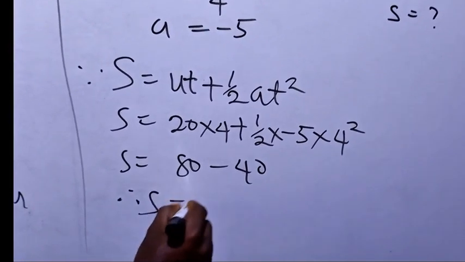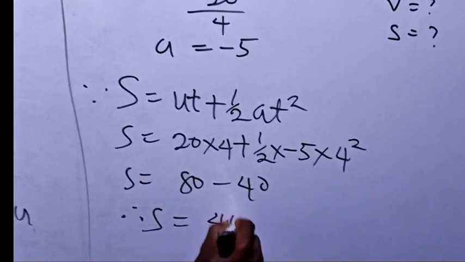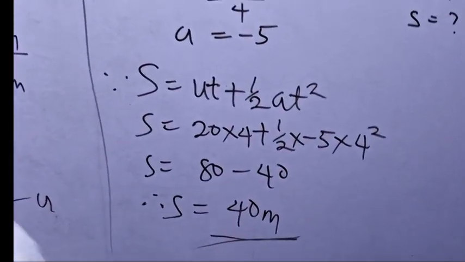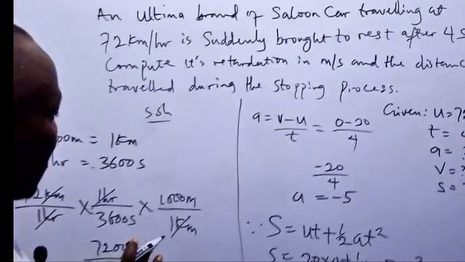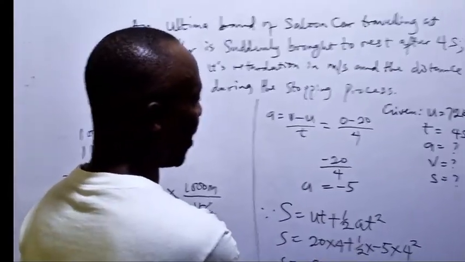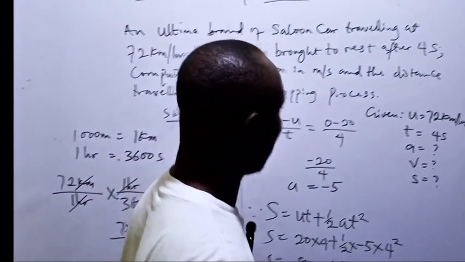Therefore, the distance here will be 80 minus 40, which equals 40 meter. As simple as that. You can see the process simply arranged, and finally you got the answer. There is nothing difficult here for students to fail.